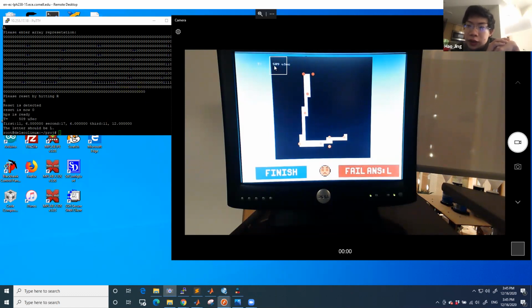The comparison is not really fair because we are running MATLAB on a PC. The clock frequency is much faster than what we have on the FPGA, which is I think only 50 megahertz. For the PC, it's at least gigahertz level, so I think there's about a 40 times difference.